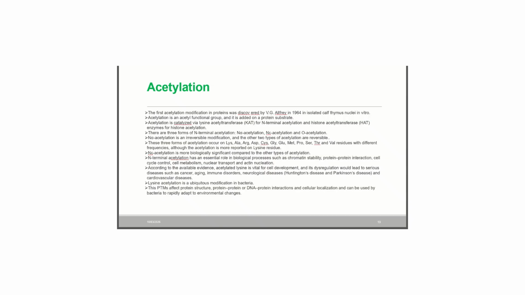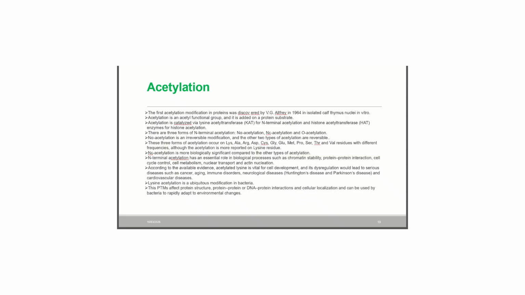The other process is acetylation. The first acetylation modification in protein was discovered by Alfrey in 1964, and since then this is recognized as the addition of an acetyl functional group to a protein substrate.